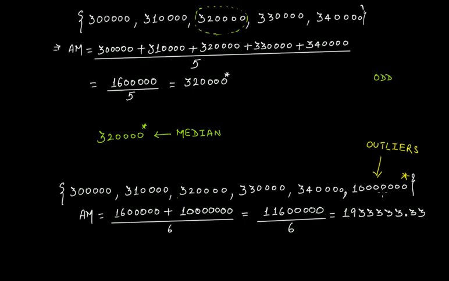Of course, in this data set only one person is earning 1 crore annually, but all the other 5 people are earning between 3 lakh and 3,40,000. So what should be the way? The way was to take the help of median.